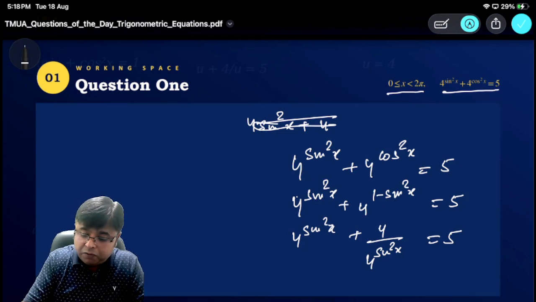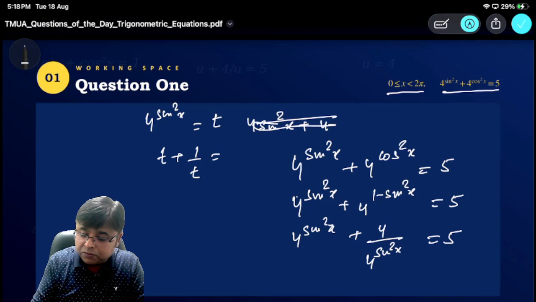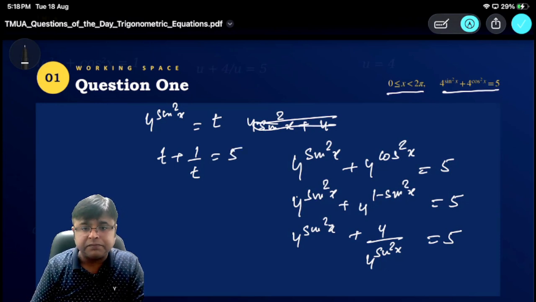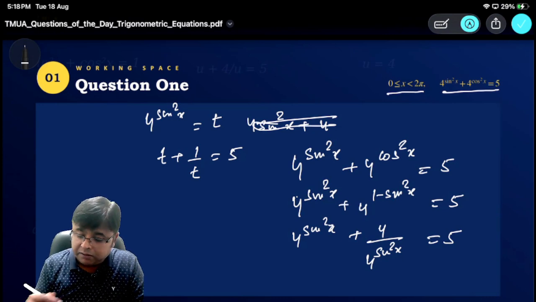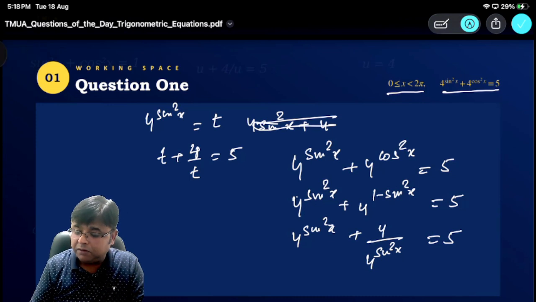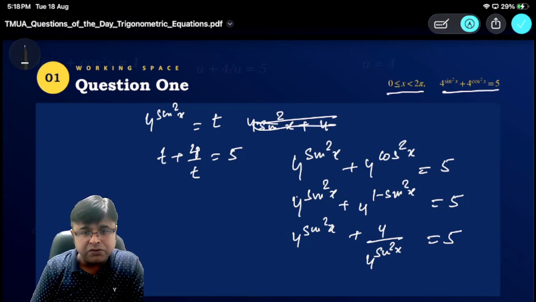Now let me put 4 to the power sine square x as t. So this will give me t plus 4 by t equals 5.